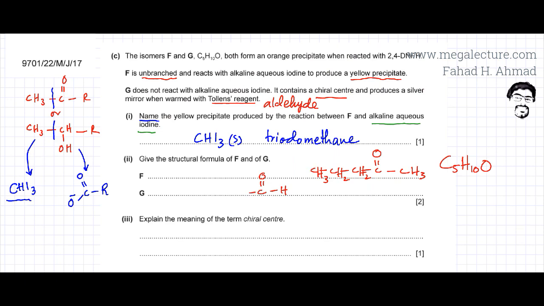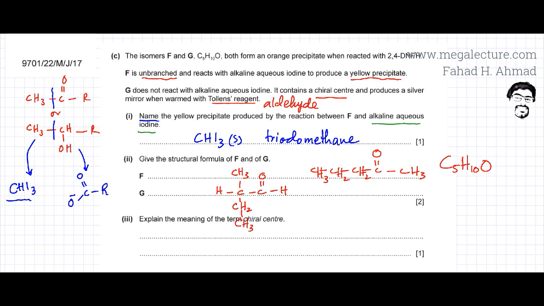The other thing I need in G is that it must have a chiral center. So let's work on the neighboring carbon atom and try to make it chiral. I'm left with 3 carbons. What I can do is have a CH3 on one side, hydrogen on another side, and CH2 and then CH3 on the other side.